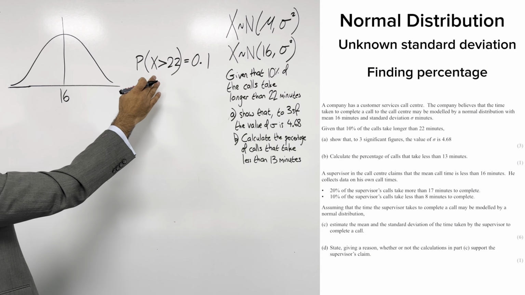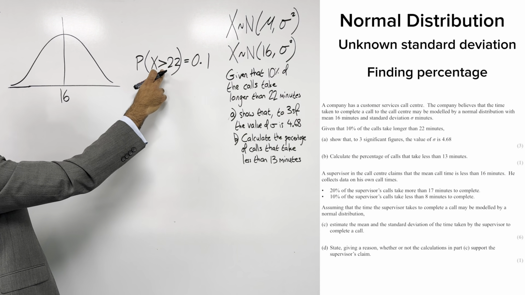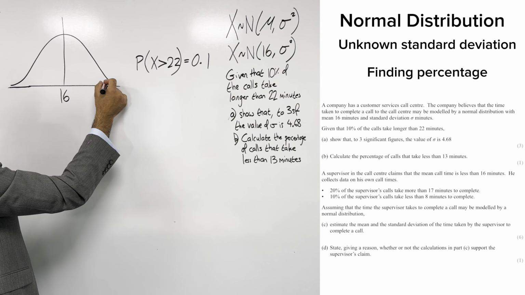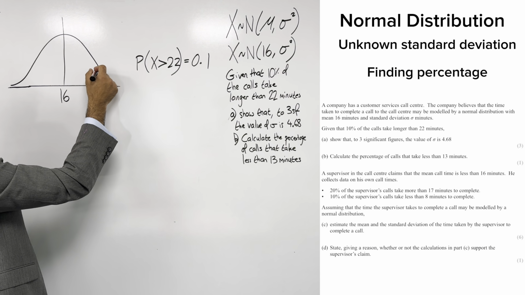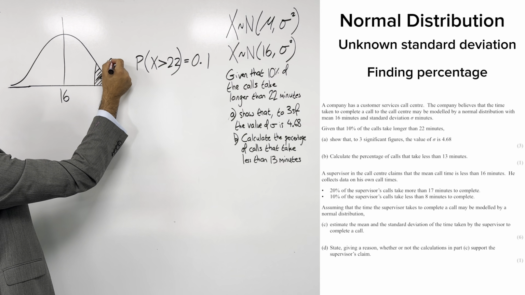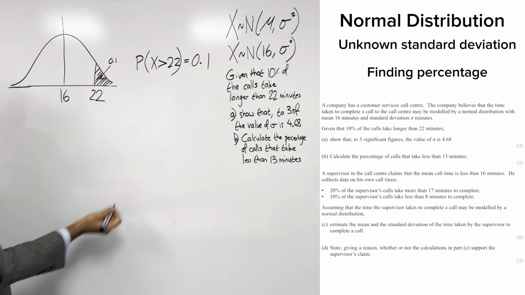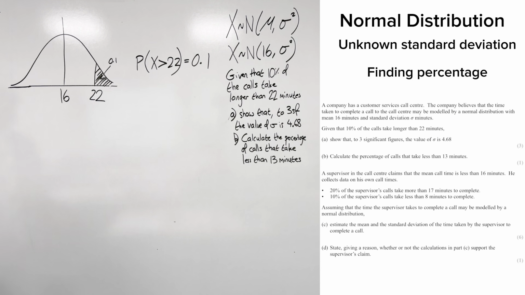This will help me because now I know I'm looking at greater than, which means I start shading from the right, and 10% will be represented by this area. So that's your 0.1 or 10%, and this is 22. So that information I have been given.